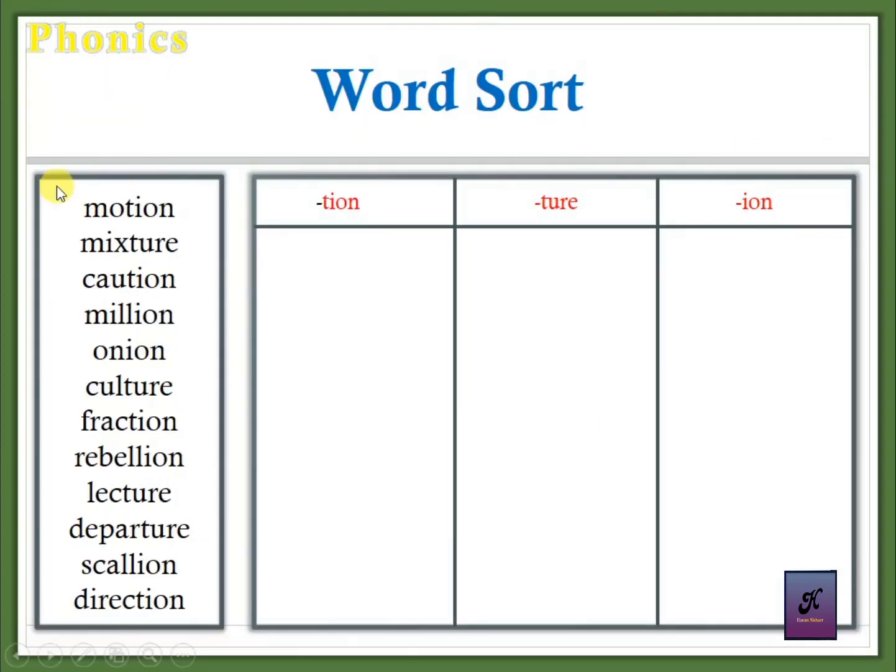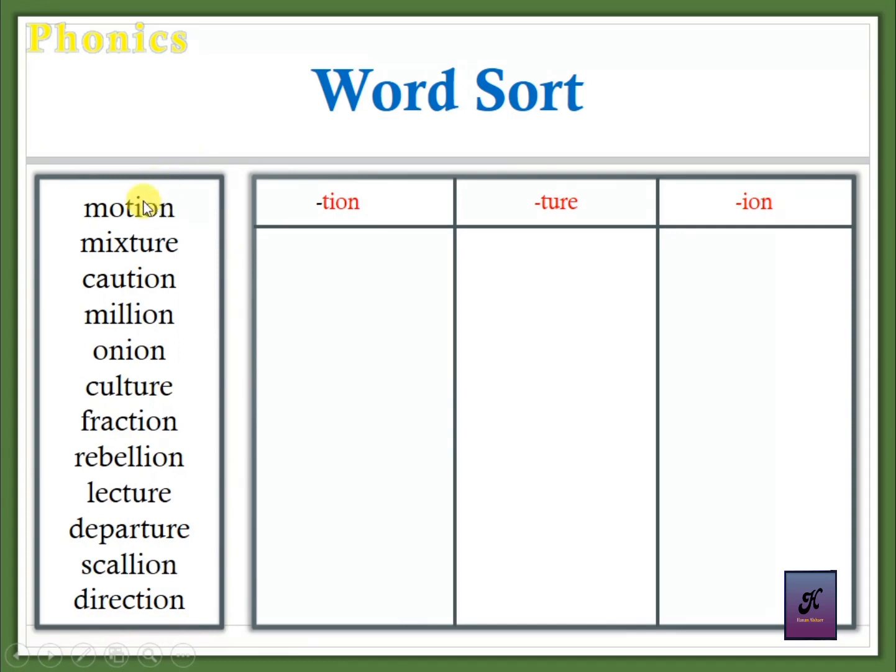In the exercise we have right here, we have these words inside the box: motion, mixture, caution, million, onion, culture, fraction, rebellion, lecture, departure, scallion, and direction.